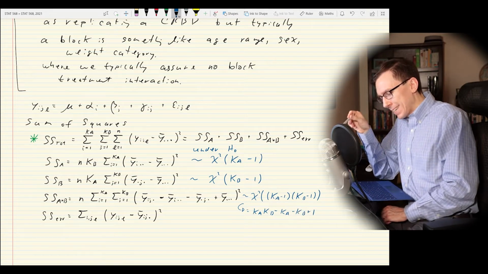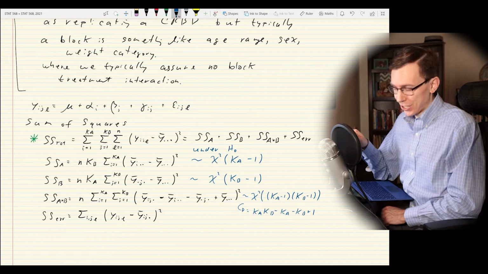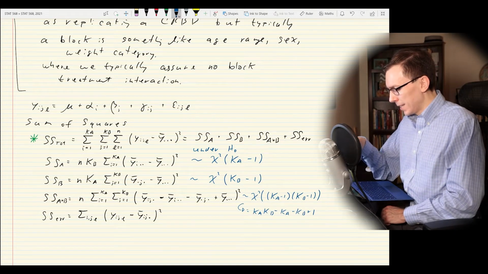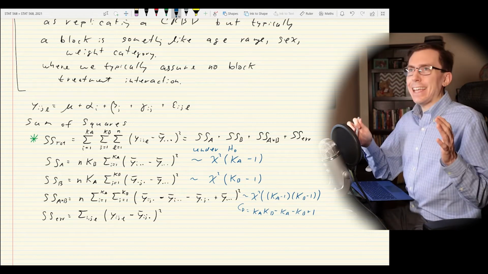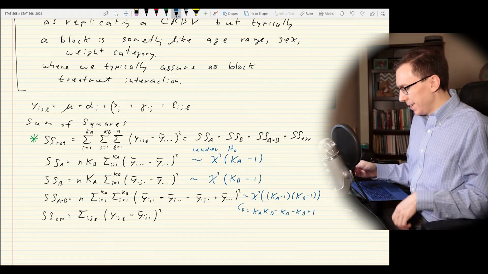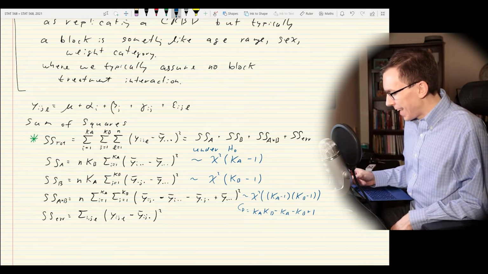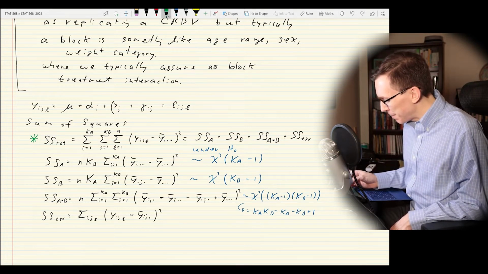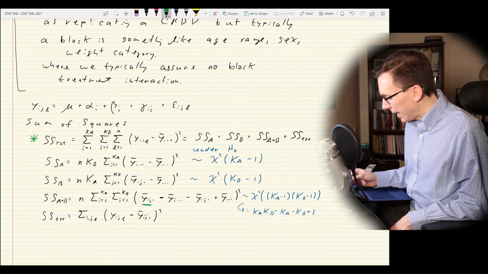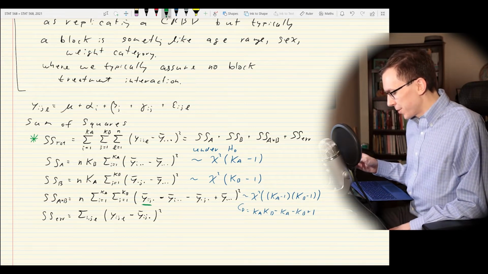So if we go back to the sum of squares equation on the left and the center here, we have Ka times Kb y bar ij's, which is a weird sentence to say out loud, but it's basically Ka times Kb of those terms.